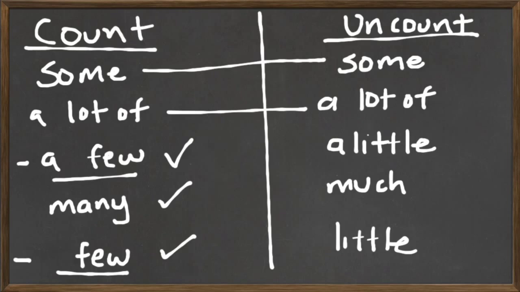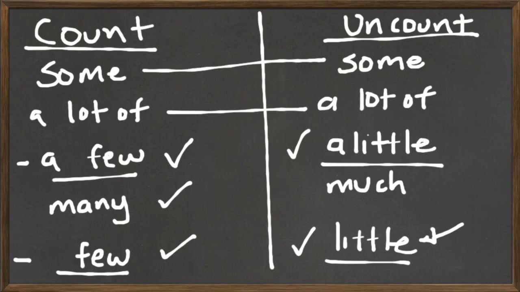The same happens with a little and little. Same story, but for uncountable nouns. A little is a small quantity, whereas little is not sufficient. For example, there's little milk in the fridge, so we need to buy more because the amount is not sufficient.